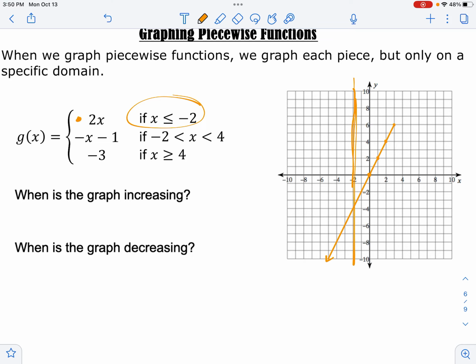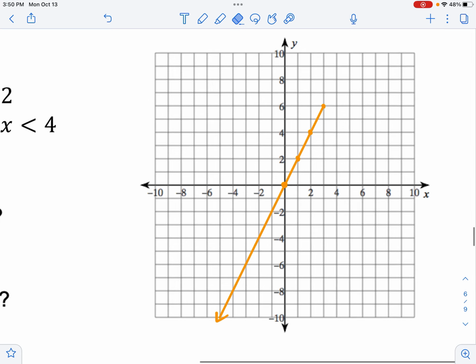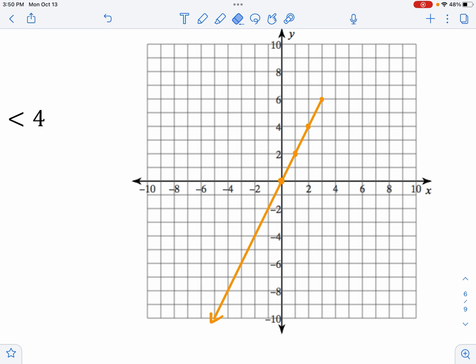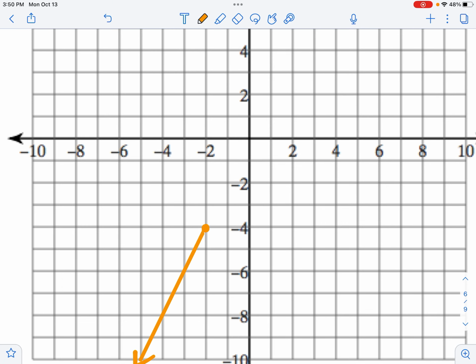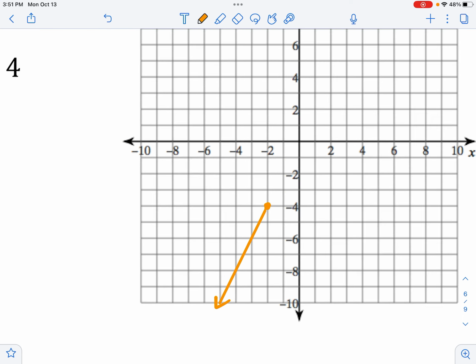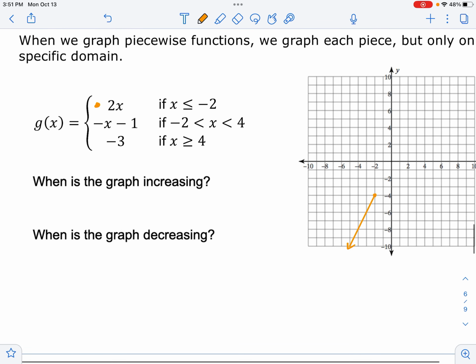I want to keep that, everything to the left of that line. So I got to get rid of some stuff here. Okay. And then it's less than or equal to, so that is a closed dot. There we go. We've graphed that first piece.